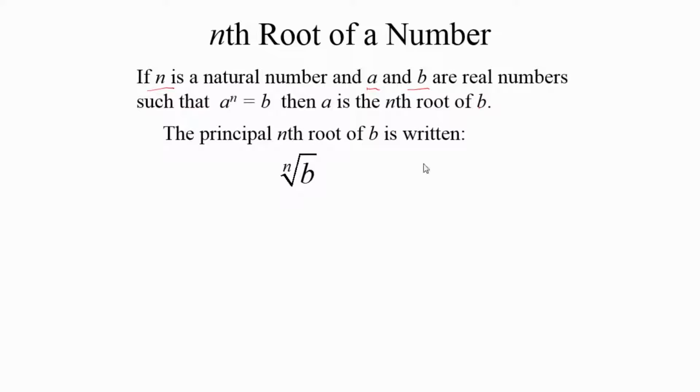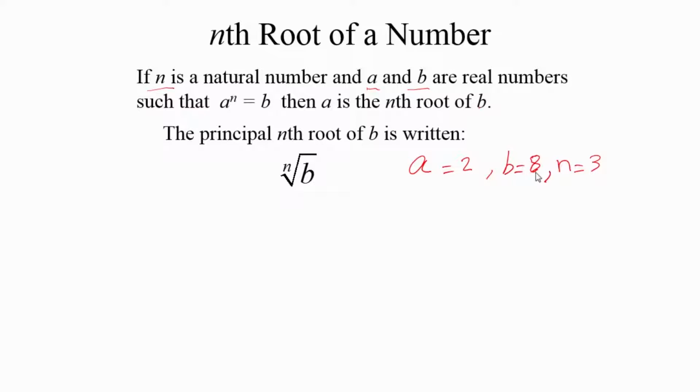Here's an example. If a is equal to 2, b is equal to 8, and n is equal to 3. So n is a natural number, 3.